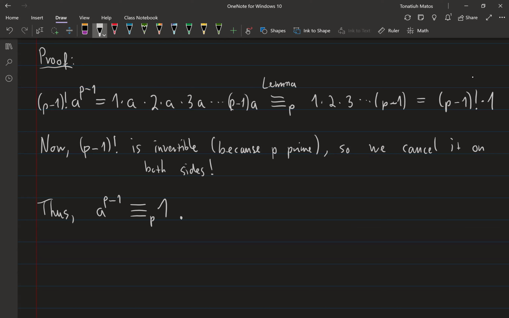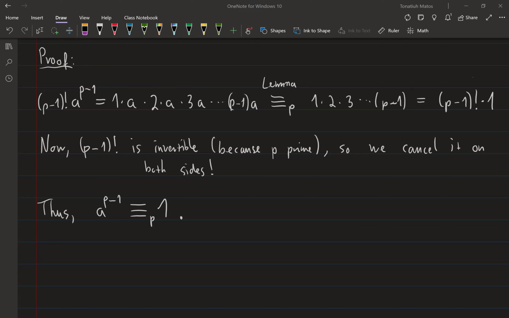If you multiply a row together, it should just be all the numbers multiplied together, because the numbers are shuffled and the order doesn't matter when multiplying things. So you can cancel out this p minus 1 factorial, this product of all numbers, and this is how you get the a.